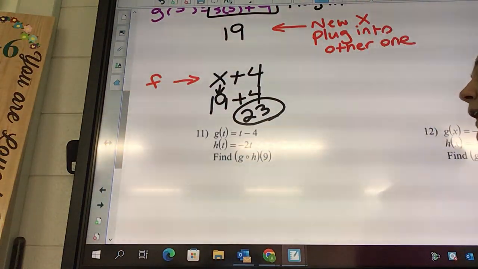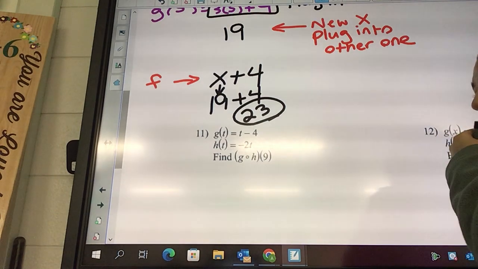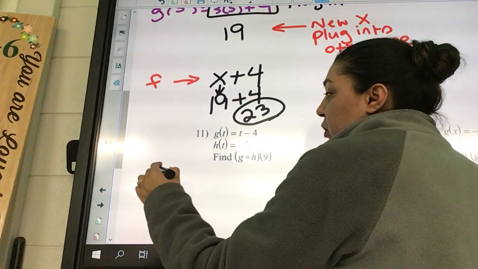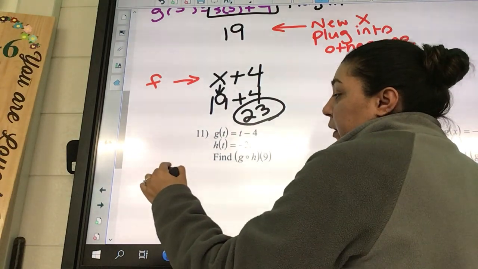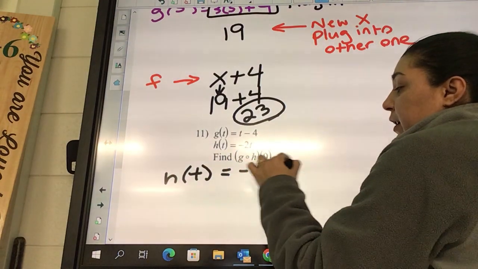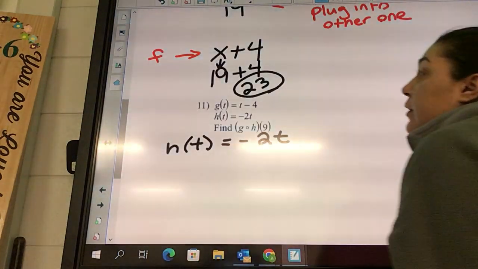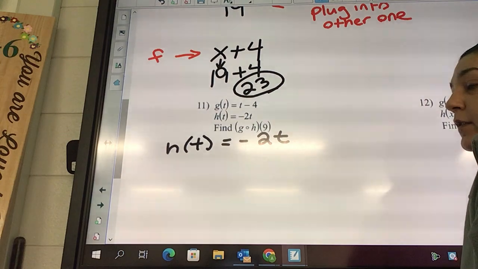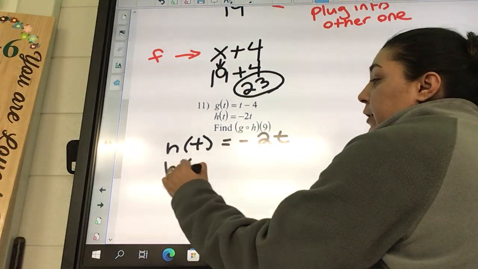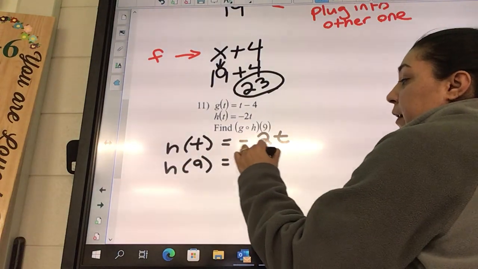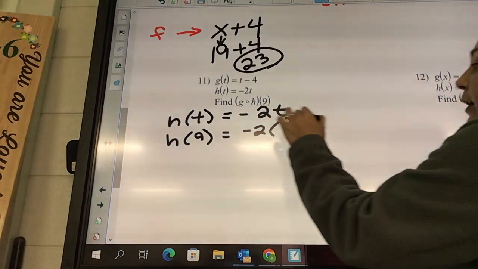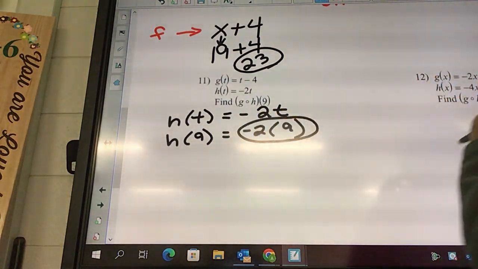So if we look at 11, what are we starting with? g or h? h. So we have h of t equals negative 2t. What am I plugging in for the t's? 9. So it's going to look like h of 9 equals negative 2 times 9. What is negative 2 times 9?